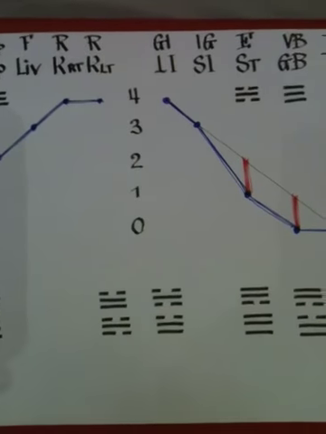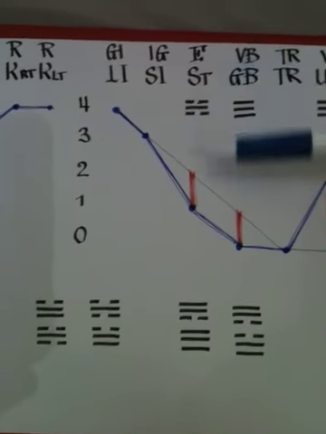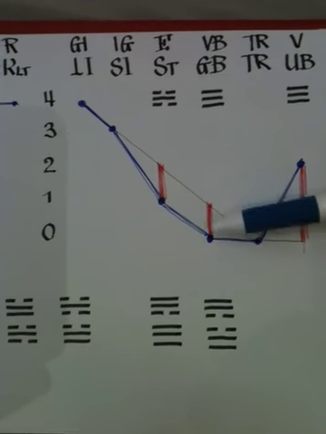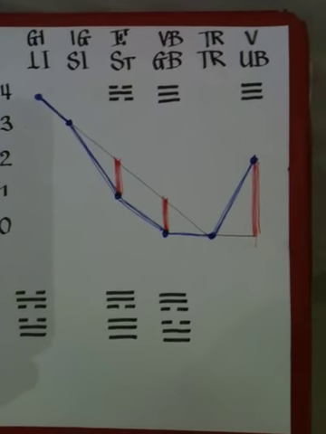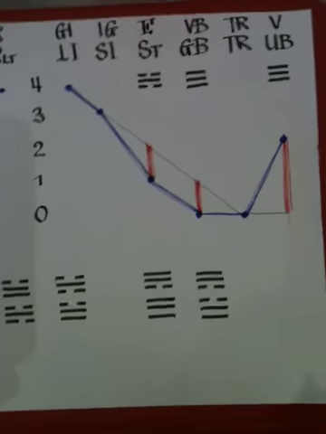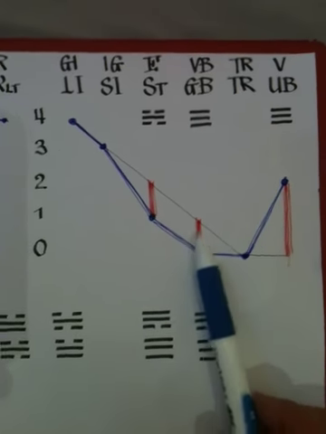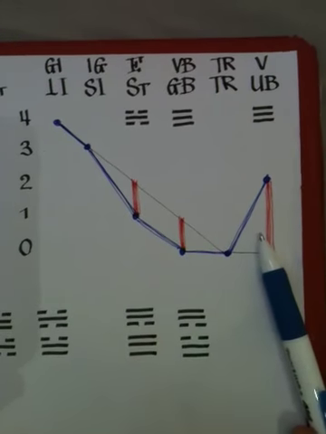The large intestine meridian is not affected either. What we see here is a deficiency in the stomach meridian, deficiency in the gallbladder meridian, and excess in the urinary bladder meridian. So we will need to treat these three meridians: stomach, gallbladder, and urinary bladder.